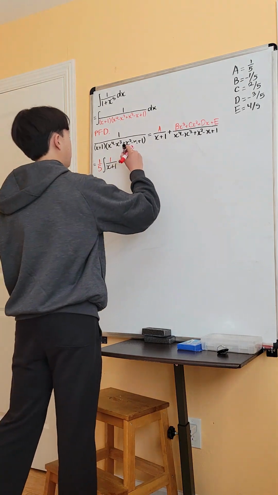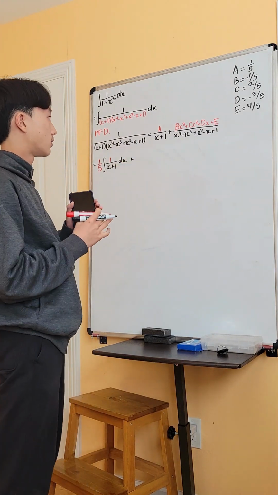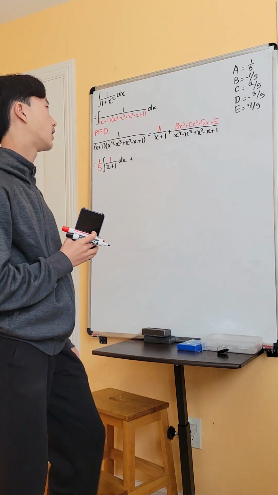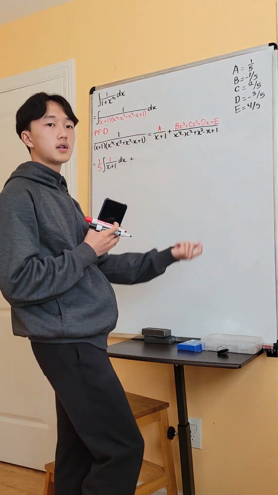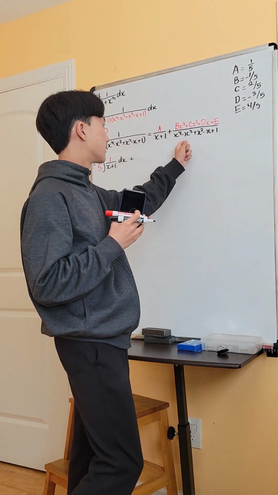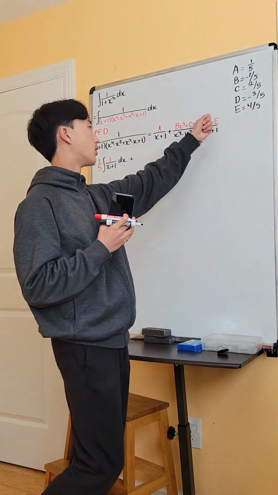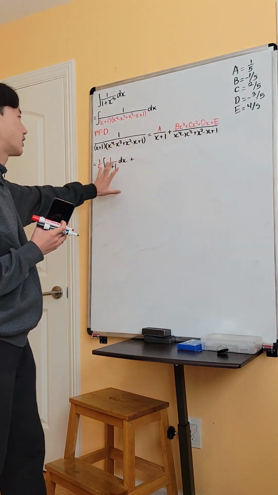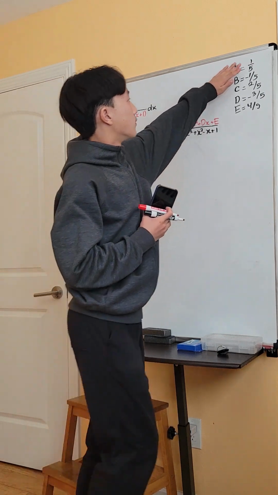Okay, next we add, and then the next integral is this big boy right here. So we want to find a common factor among all of these coefficients right here to factor out to the front of the integral. So we are done with A.